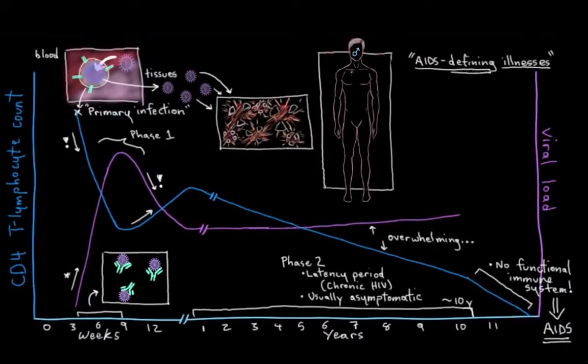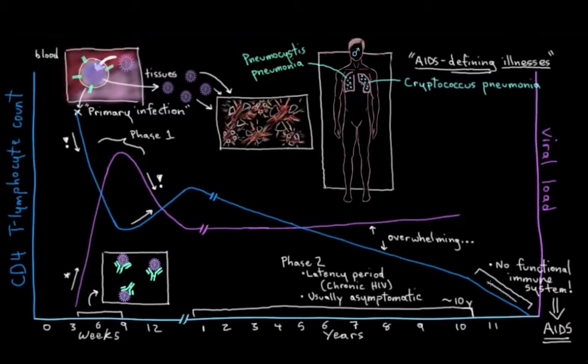Two examples of AIDS-defining illnesses are two fungal pneumonias, one called pneumocystis pneumonia and one called cryptococcal pneumonia. These are two common AIDS-defining illnesses. And again, these aren't the types of infections that you get when your immune system works even a little bit. So actually, one of two criteria have to be met before we can say someone has AIDS.